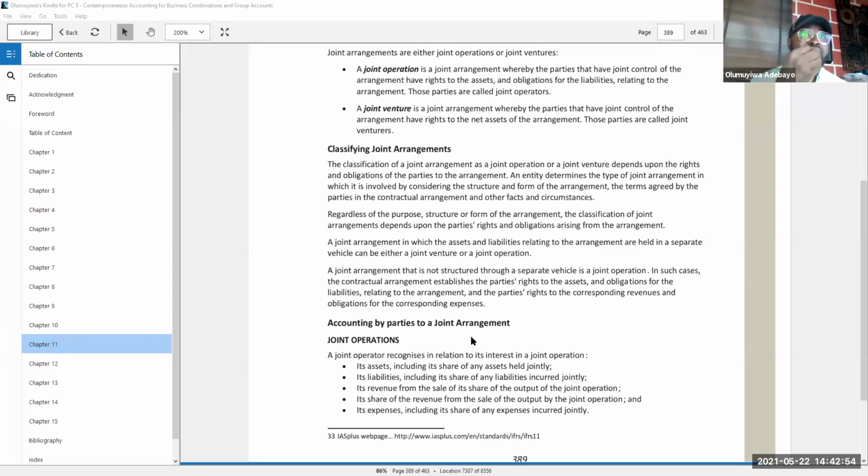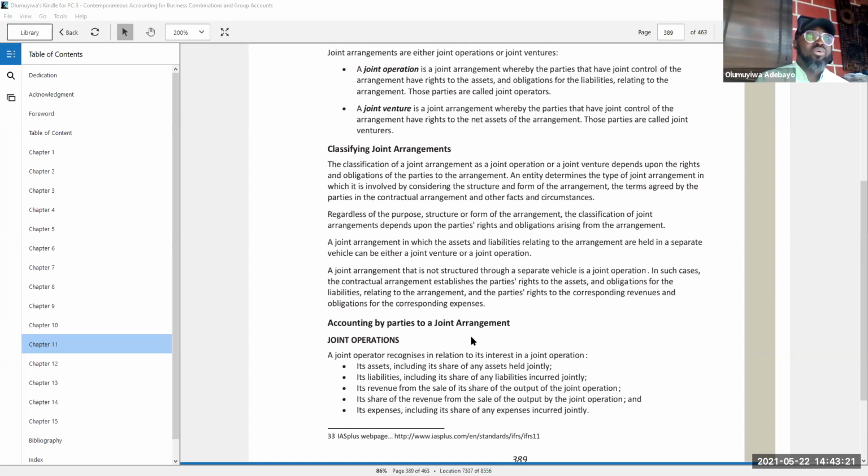If you have any expense, be it depreciation of assets, be it expense incurred in terms of salary, in terms of operational expenses, utilities, you also share based on what has been agreed. And that share will be recognized in your individual books as your share of a joint operation expense, which is part of your operating expense as an entity.